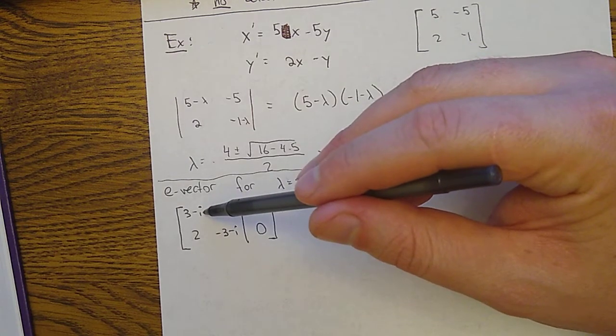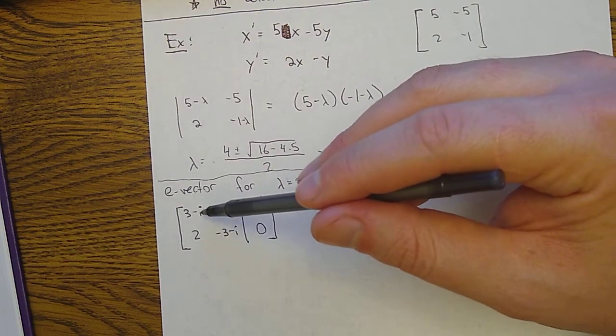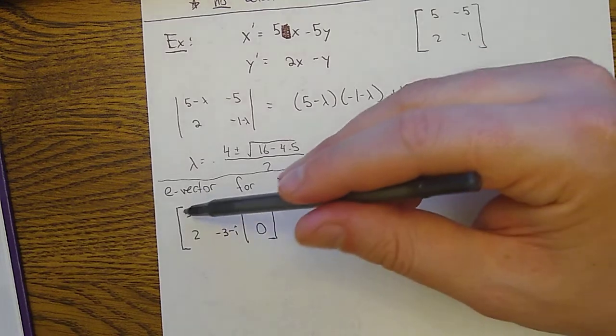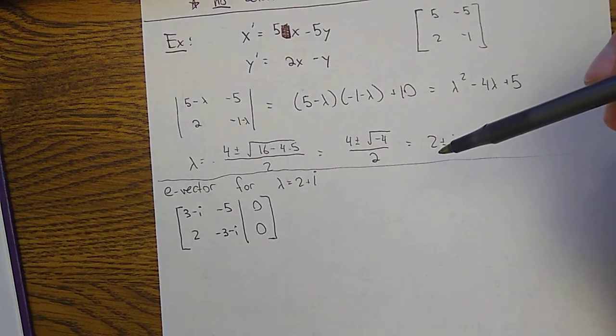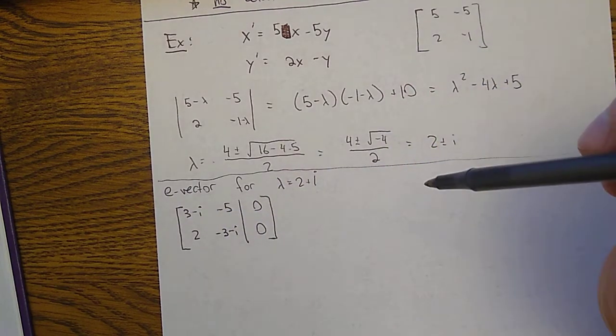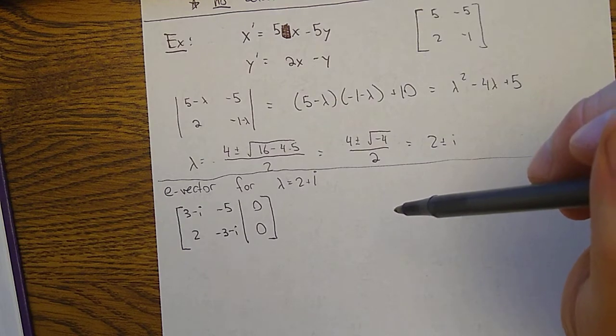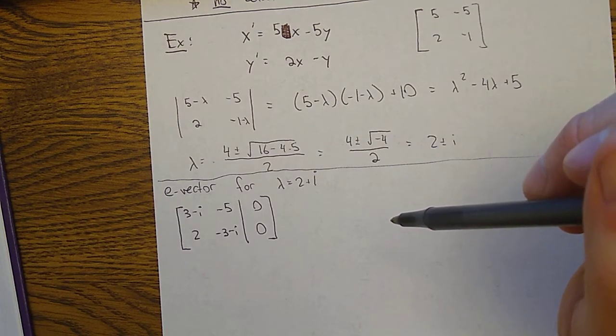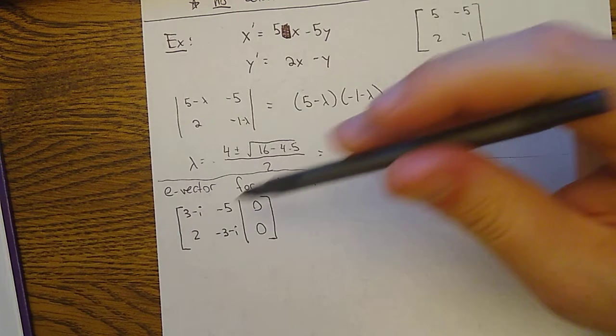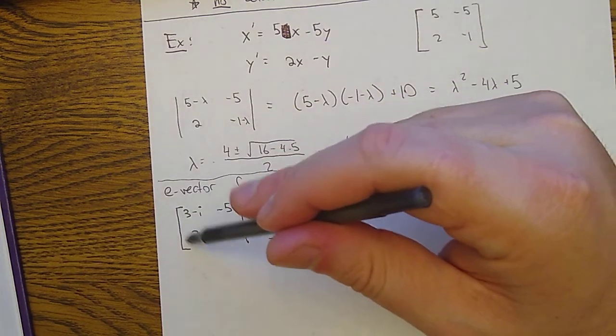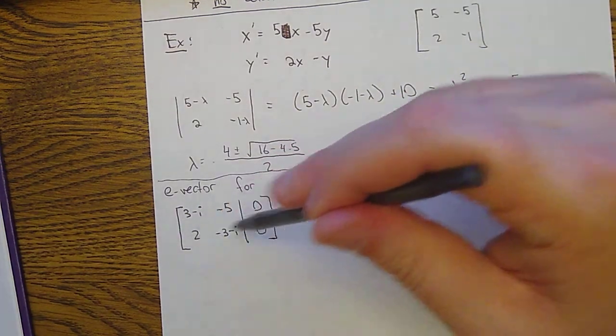So what are my options here? I could divide this row by 3 minus i. I could also, and maybe this is a better idea, switch the two rows and divide this one by 2.